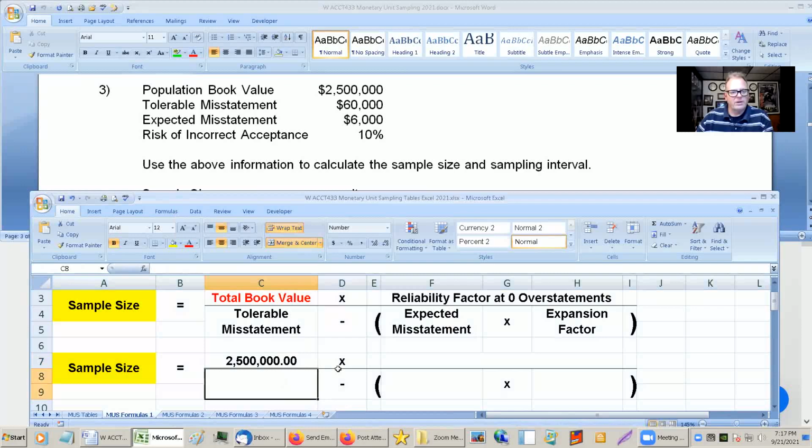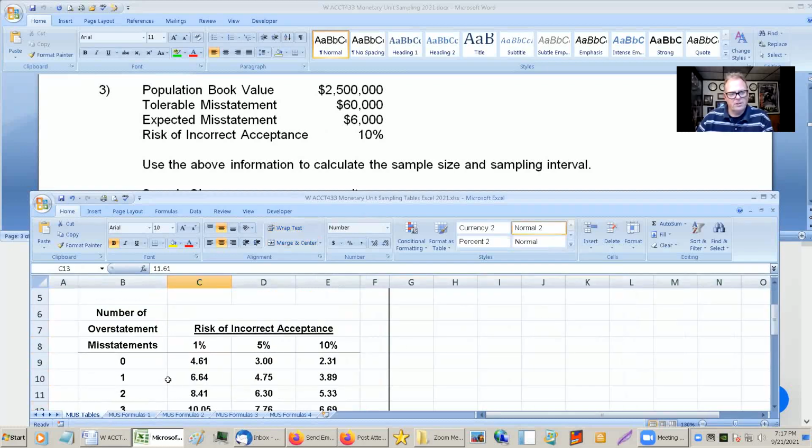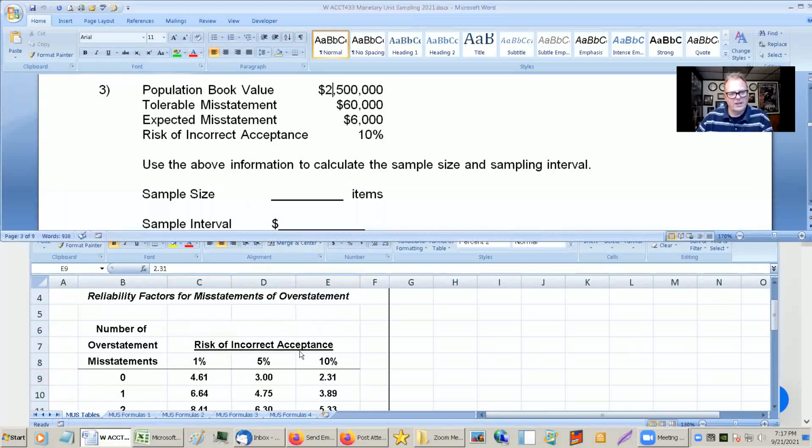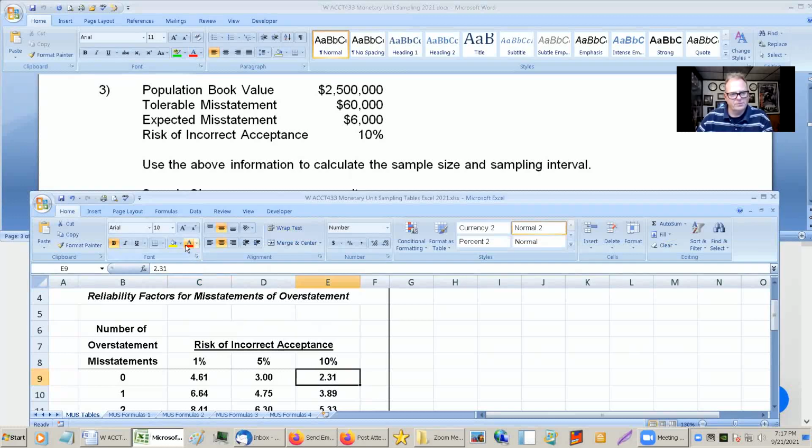Okay, so 2.5 million times the reliability factor at 0 overstatements. So I'm going to go back to this table. Reliability factor at 0 overstatements, and this is at 10%. So 2.31.